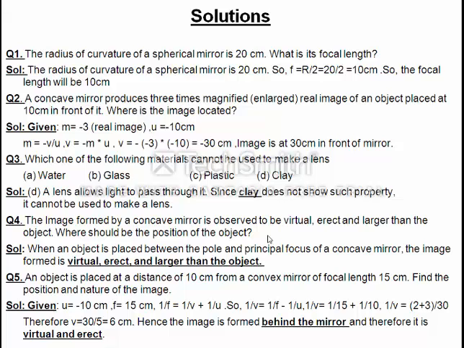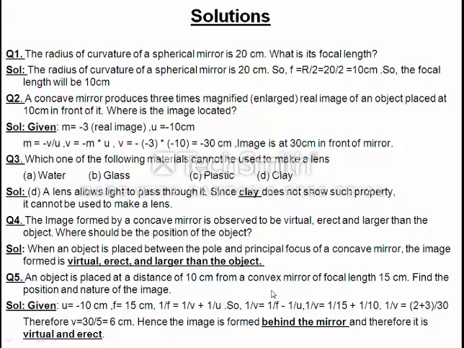Okay, don't hesitate. Now we are coming to question number 5. An object is placed at a distance of 10 centimeters. See, object is placed at a distance means u is given, and u is always negative. So first we have to find out in the question what is given. Here u is given as minus 10 centimeter from a convex mirror. Sometimes in place of convex mirror it may be given as diverging mirror or converging mirror.